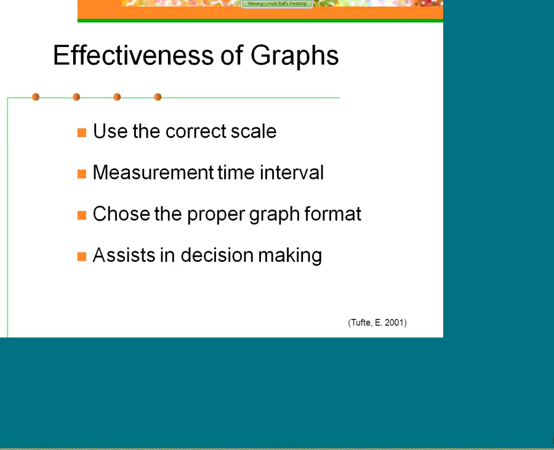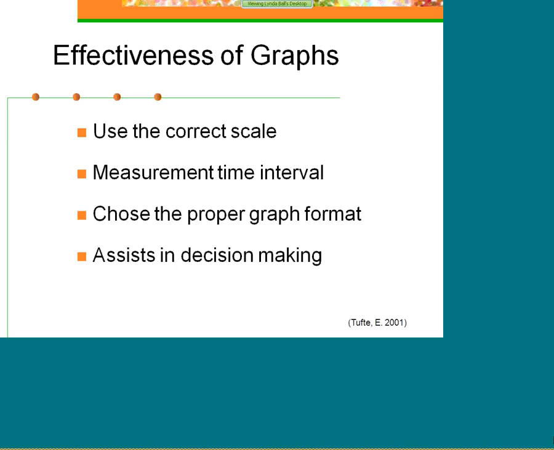Histograms are bar graphs that show the distribution of data, so it will tell me how many people are at a certain point along that continuum. Area graphs show how things change over time. And pie charts show a percentage of a whole.